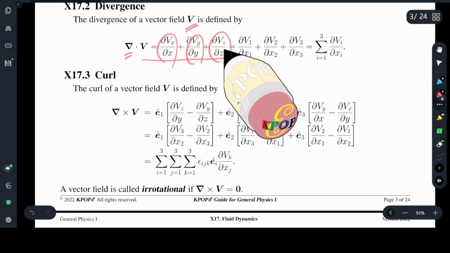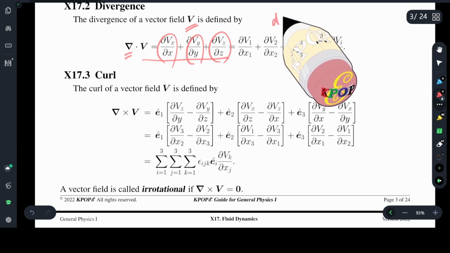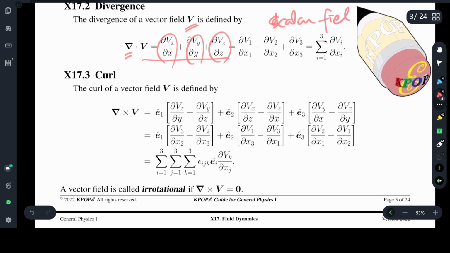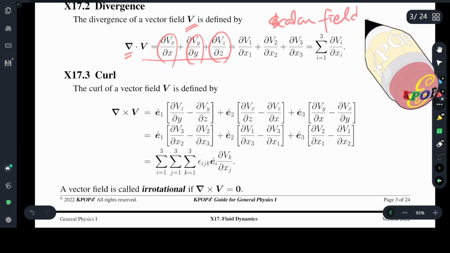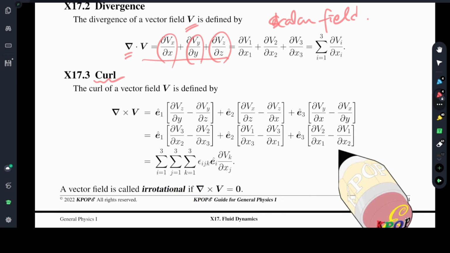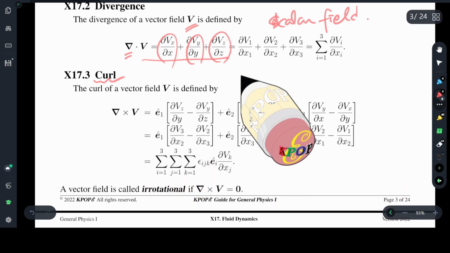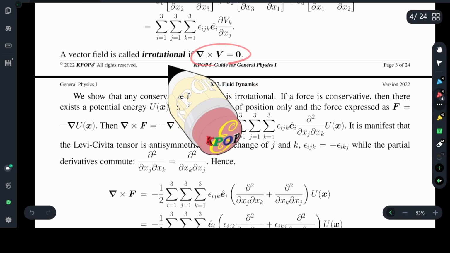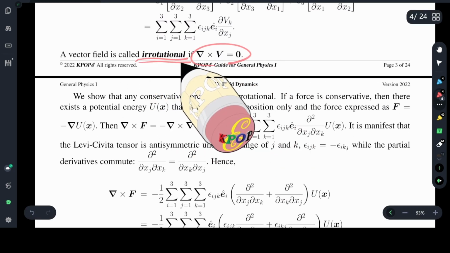This is divergence, and divergence is a scalar field. The next one is curl. We already studied it, so let me just pass over this. So curl equal to 0 means no rotation. It does not rotate.